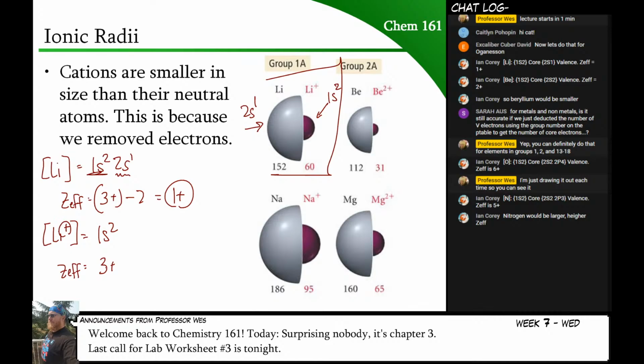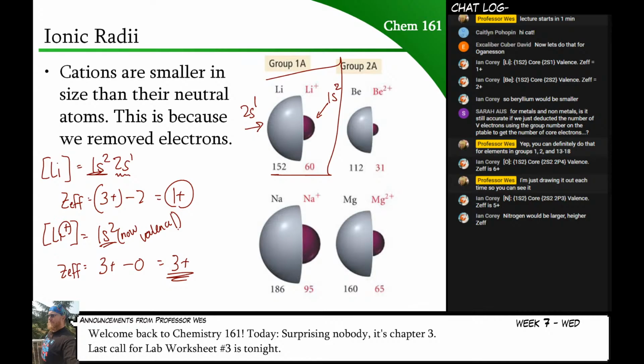There are only valence electrons. So when you get rid of the entire valence shell, Z effective tends to go way up because you have a whole new layer that is now the valence shell, and there are much fewer core electrons.